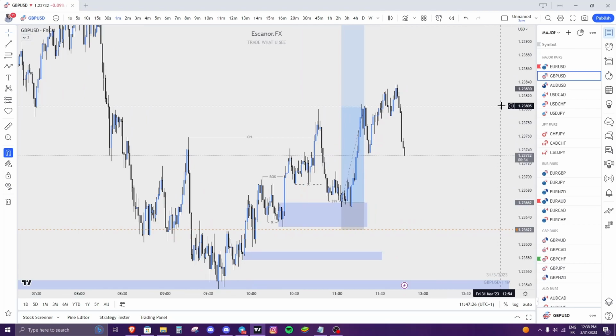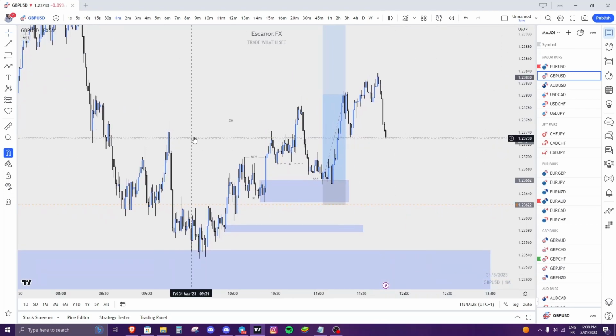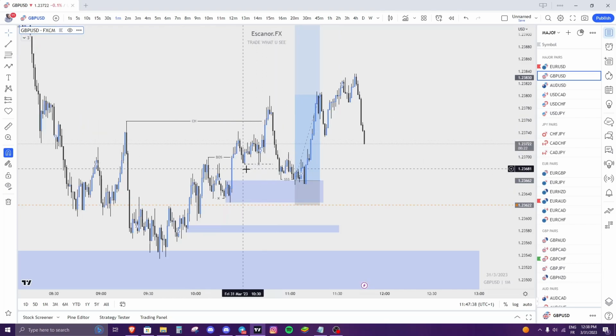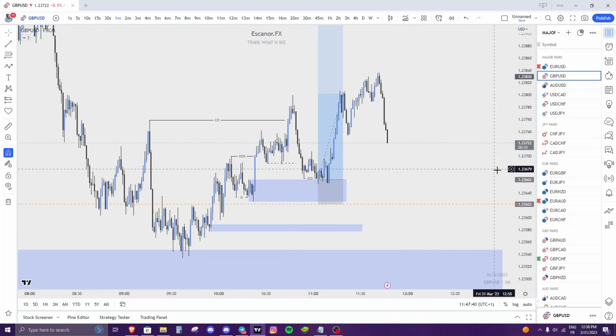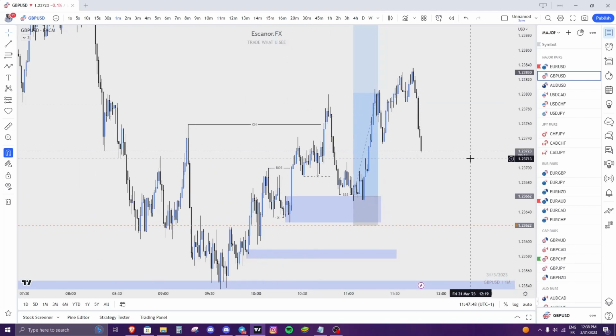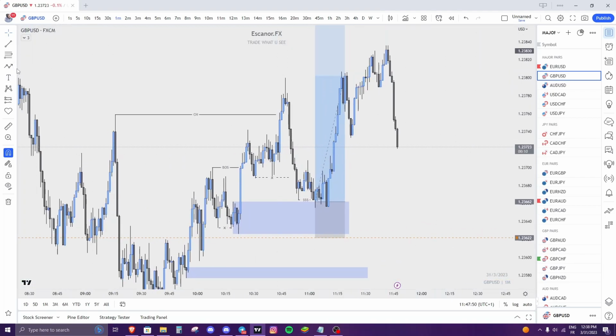What we have here: a break of structure with imbalance and another structure break here. Price gave us a double bottom as more confluence, and I took the entry from this point, and price showed a nice reaction to the upside. So my next point of interest will maybe be this one here.